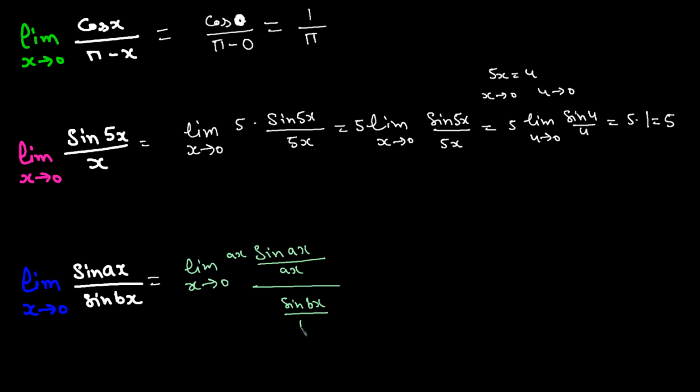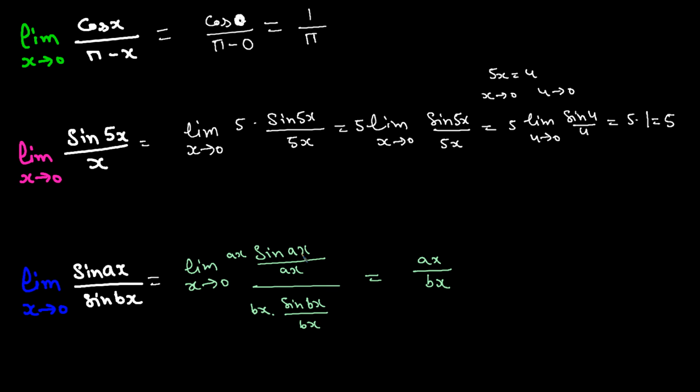So I want bx in the denominator, so I'm gonna multiply by bx over here. So that tells me, as you know, the limit of this value as x approaches 0 is 1. Okay, so that gives me ax in the numerator, and same thing, the limit of sine bx over bx as x approaches 0, again 1, and that'll leave me bx in the denominator.